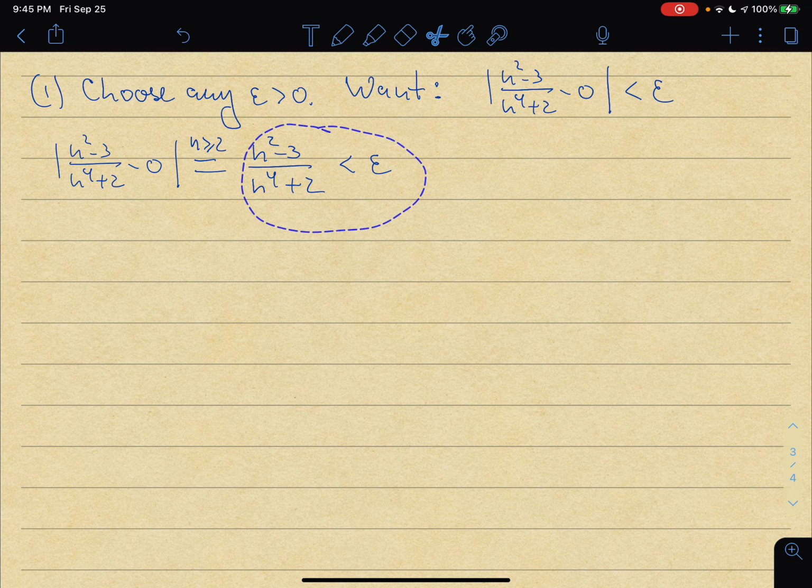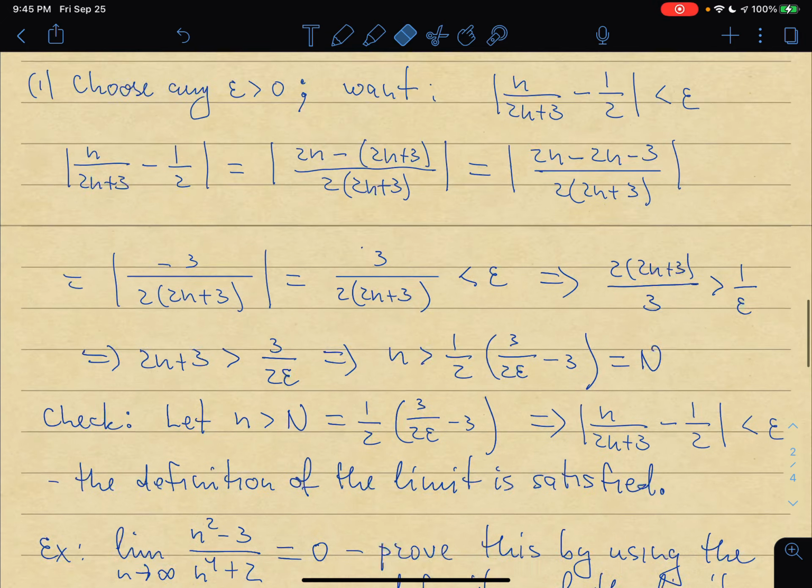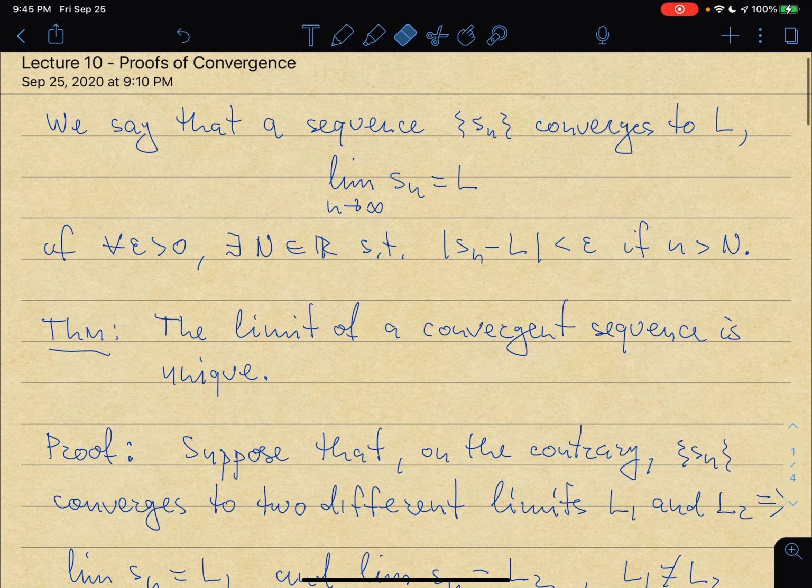So instead, we're going to try to take a shortcut, and that shortcut is enabled by the following property. Let me go back to the definition of a limit.